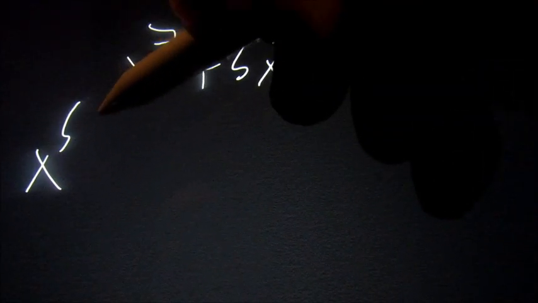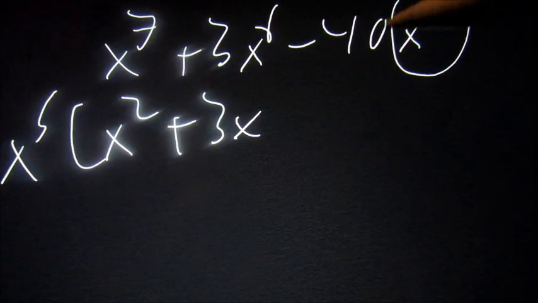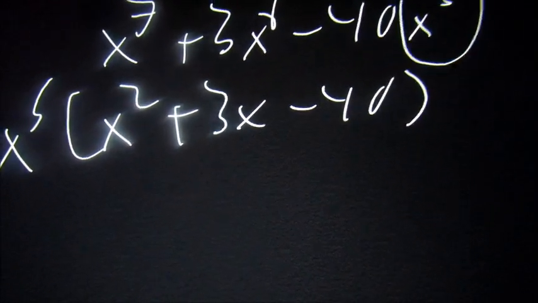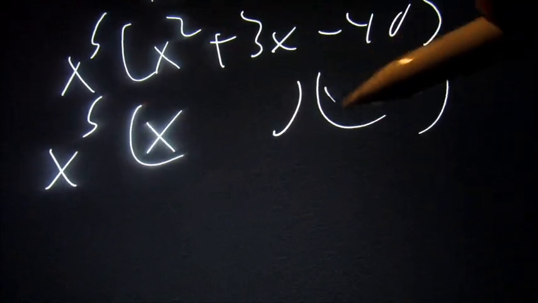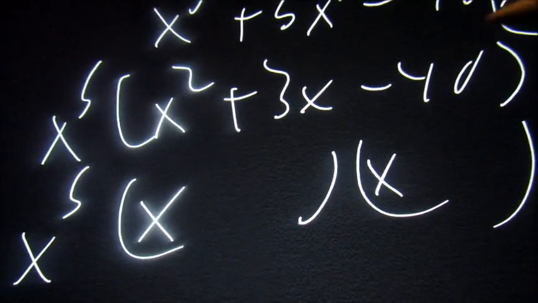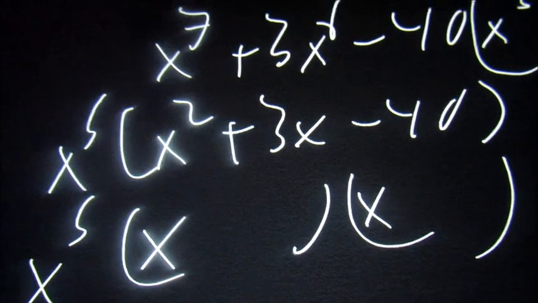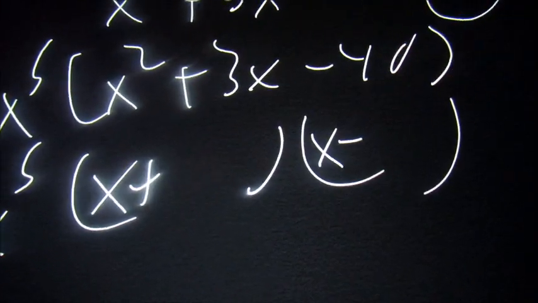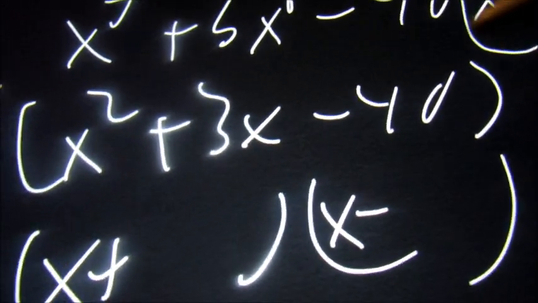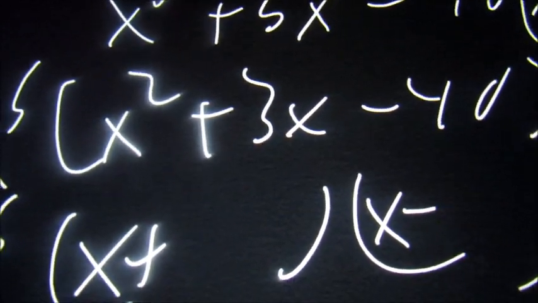So we keep the x to the 5, and we have x squared plus 3x minus 40. We keep the x to the 5 still. We're going to have an x and an x. We have a minus sign here, so that means we're going to have 1 plus and 1 minus. The bigger number is going to be the plus, so I'm going to put plus minus. And our factors of 40 have to subtract to get to 3.